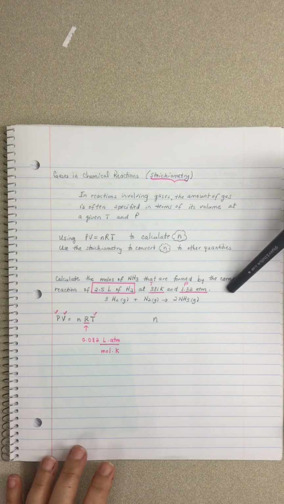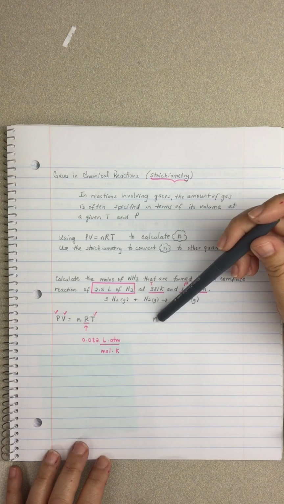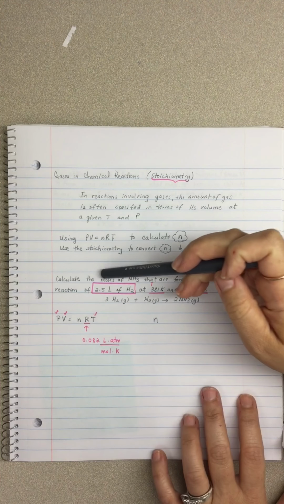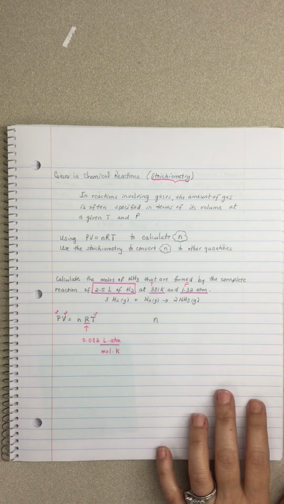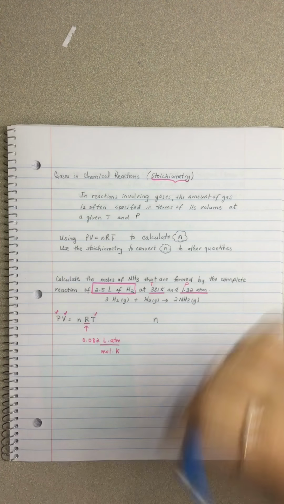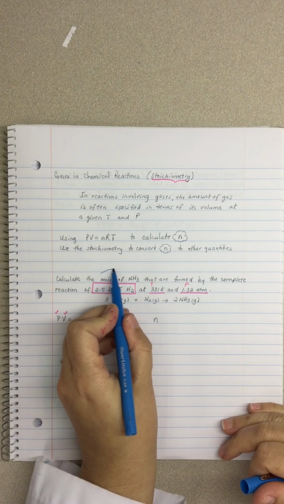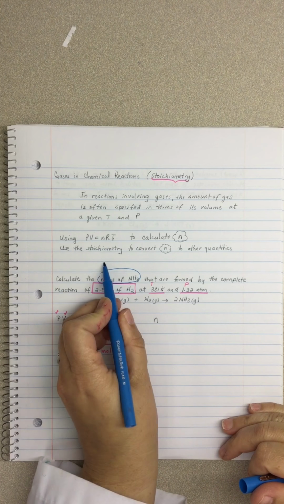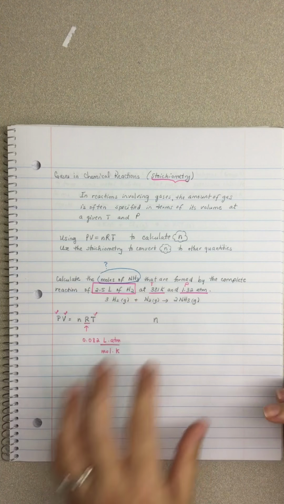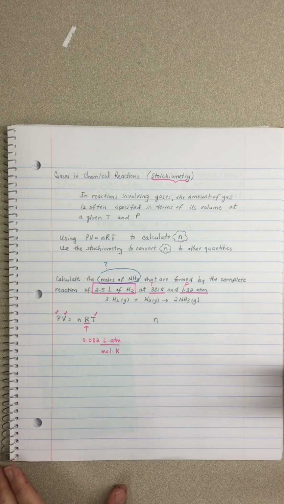And you might be thinking that since you have everything besides moles, you can use all of these numbers to find the moles that you need to calculate. But that is not correct, because the moles that you want to calculate are moles of NH3. And the volume that you have is the volume for hydrogen.